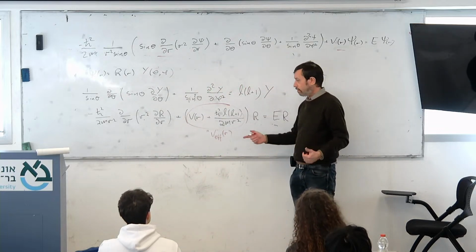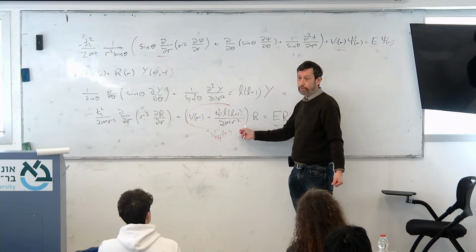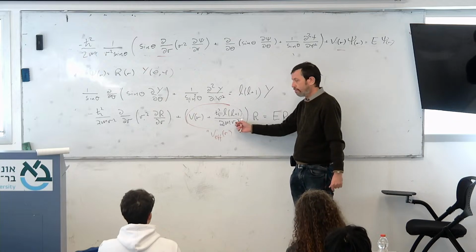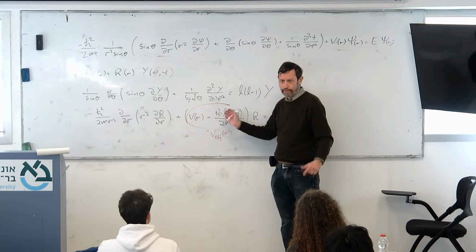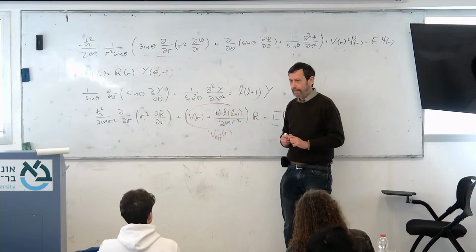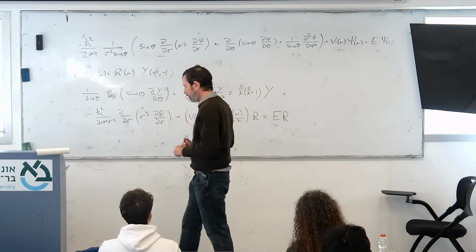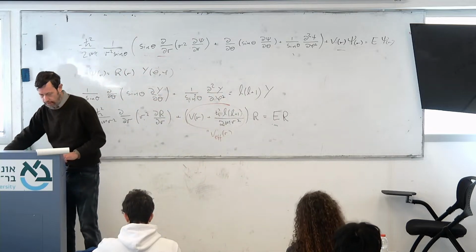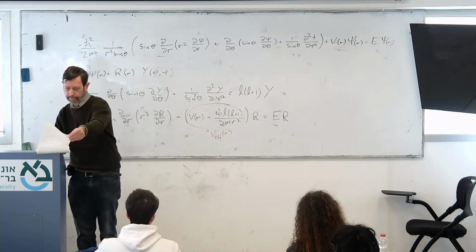I can just write it down as some effective potential. Why not? It depends on R. Everything is fine here. And just to shorten what's written here in this form. So that's no big deal.